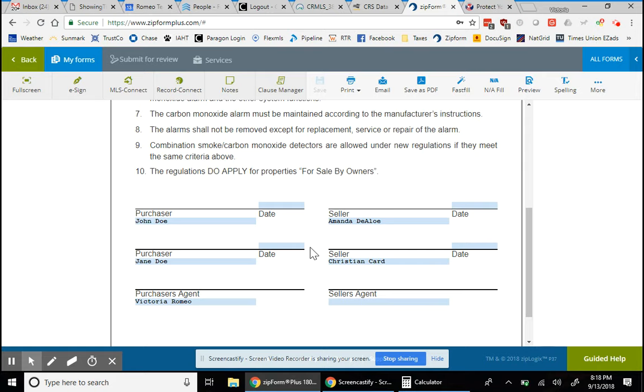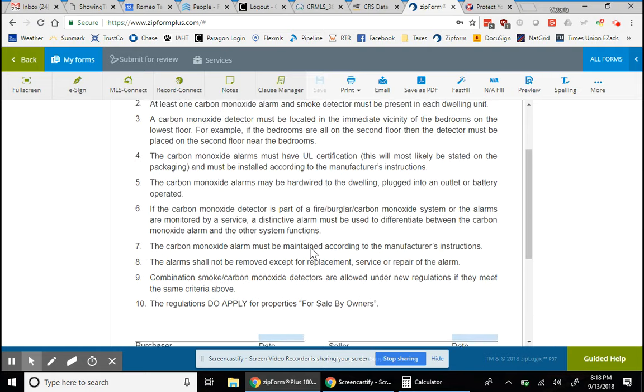The buyer's inspector will typically check to make sure that there are adequate carbon monoxide and smoke detectors in the house. They do not have to be hardwired in. So if they're missing, the seller can literally go to Home Depot and buy a $20 smoke detector and stick it in the home on the counter. It doesn't matter. It's just requiring that those things be in there.